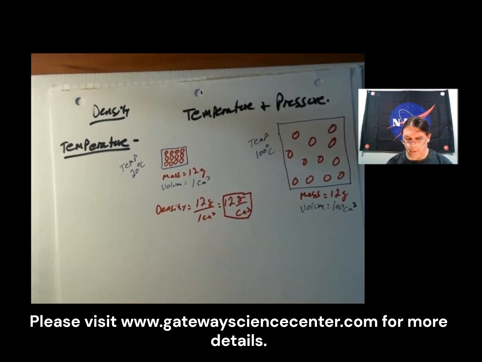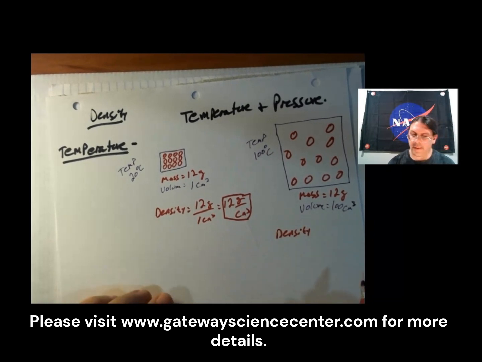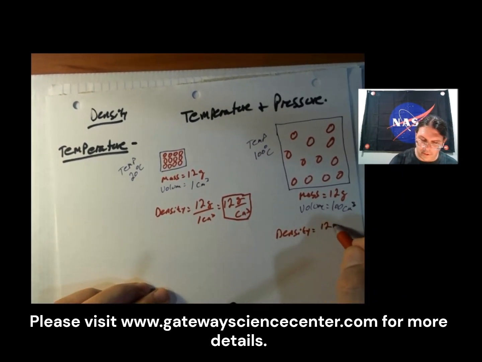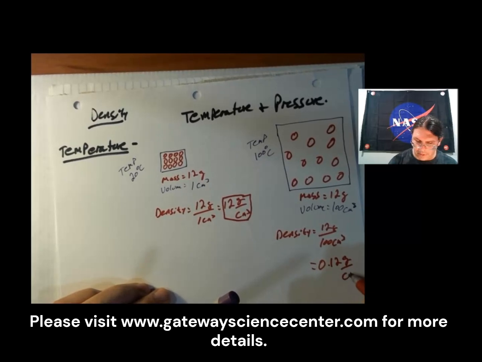Okay. So what's my density? Density would be 12 grams over 100 centimeters cubed. This is going to be 0.12 grams per centimeter cubed.